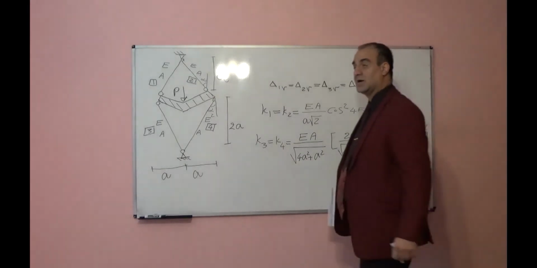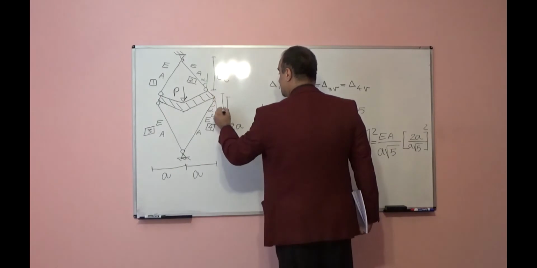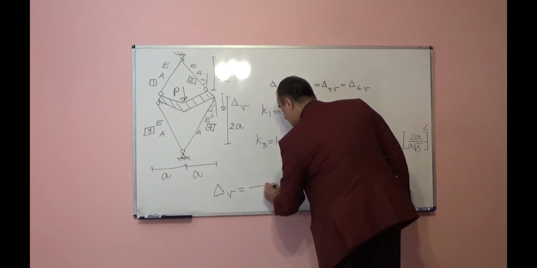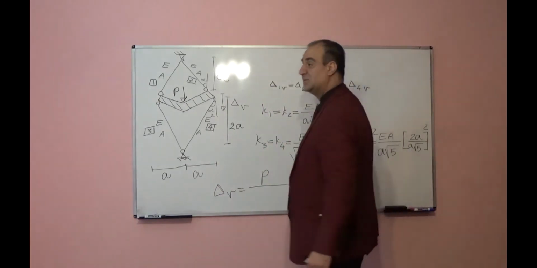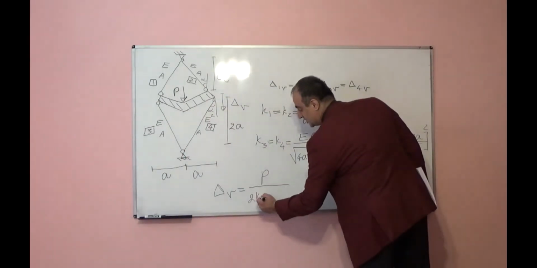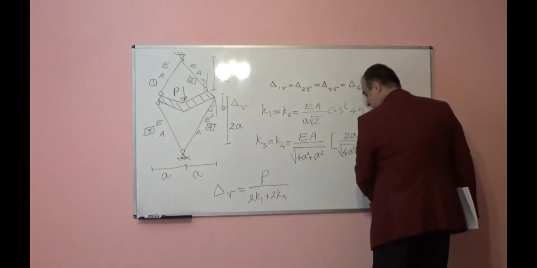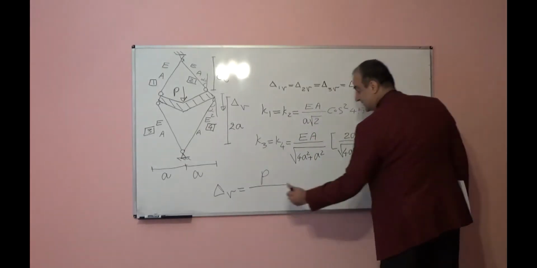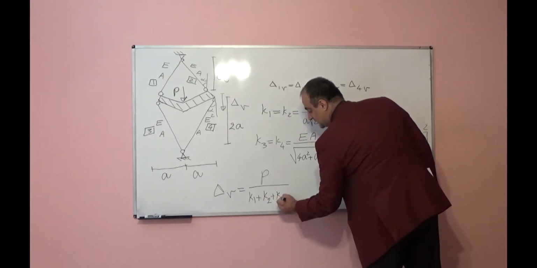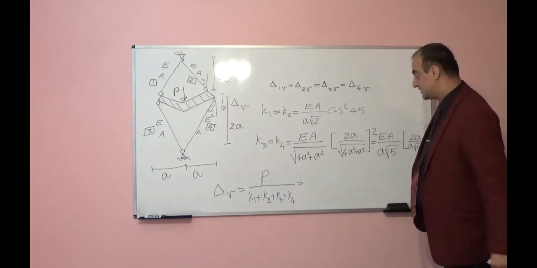So what is the total now? The deformation for this rigid link in vertical direction will be total load P divided by equivalent stiffness. The equivalent stiffness here will be 2K1 plus 2K3, because these are equal, or I can write it like this: the summation of all stiffness K1 plus K2 plus K3 plus K4, because these springs are parallel.